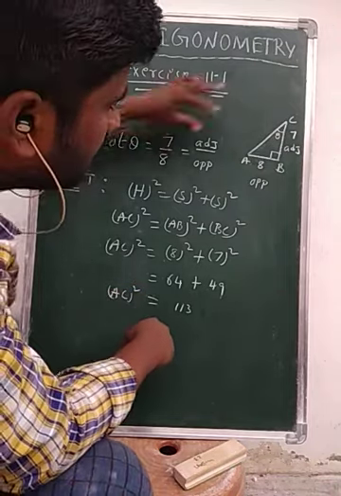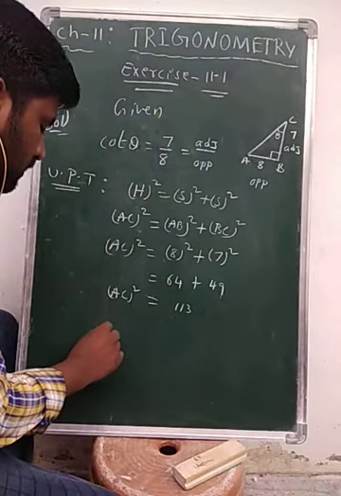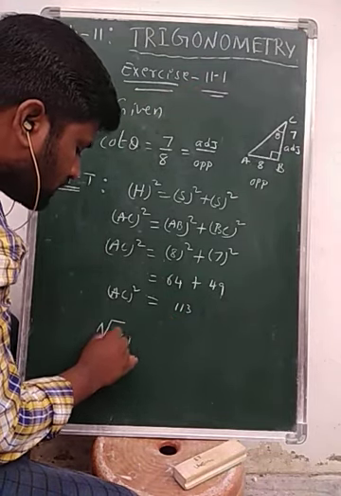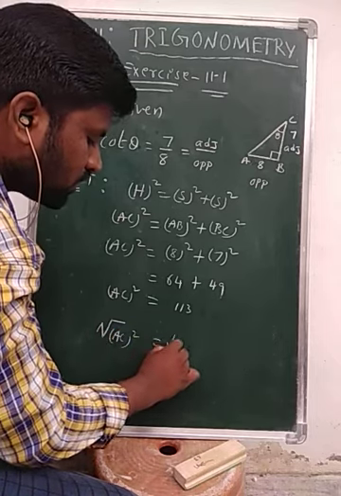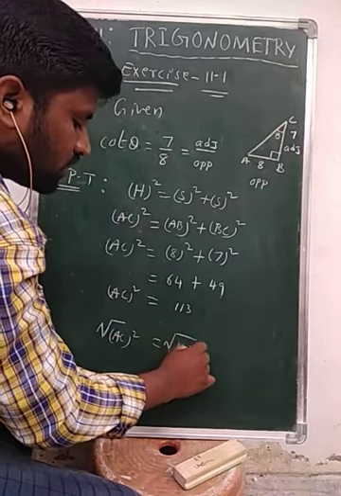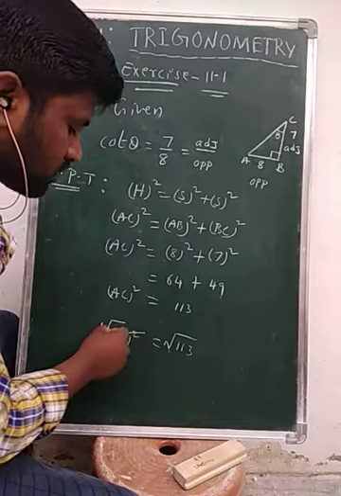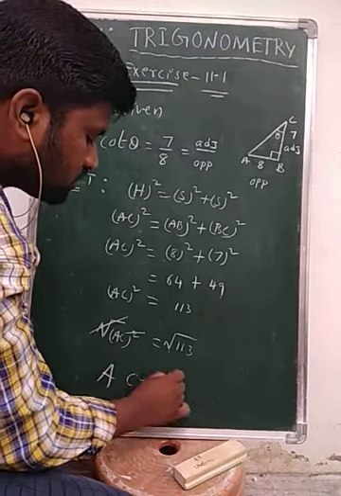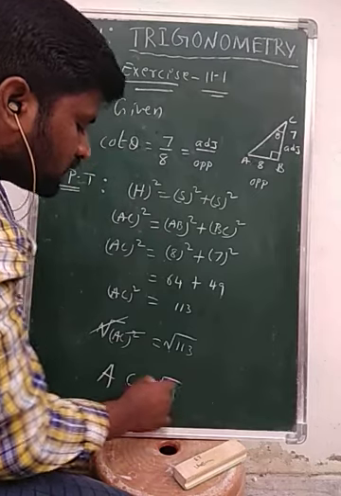But we want only AC now, that's why I am applying square root both sides. The square root cancels the square. The length of AC is equal to under root of 113.